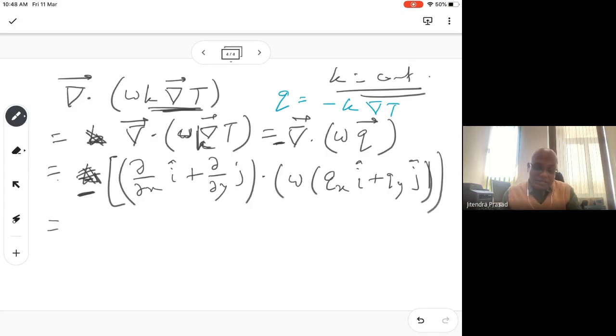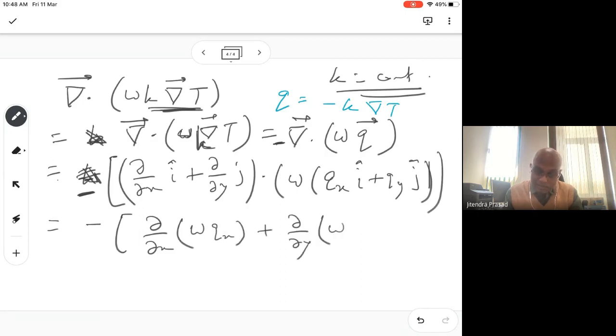Is equal to minus, and then if we see here, this is a double, what we'll get is del over del x times w qx plus del over del y times w qy.